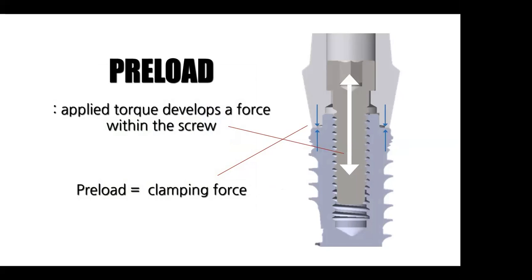Everyone probably knows what preload is because we heard about it so many times. But let me go through this concept of preload one more time, just to make sure we are on the same page.